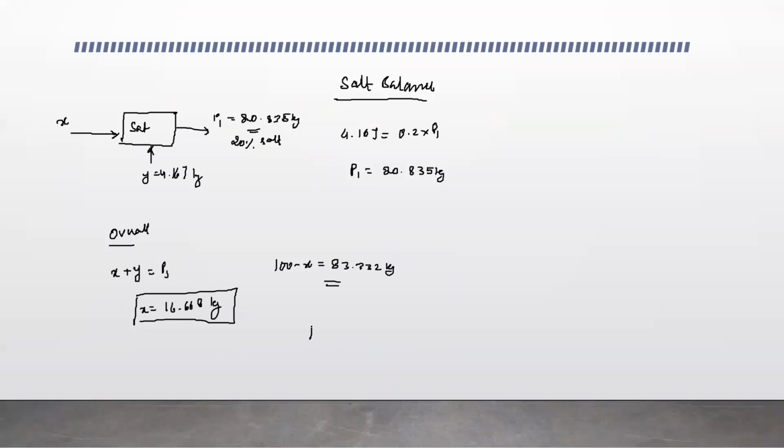Therefore, the fraction of water available is 83.332 by 100, that is 0.8332. So approximately 83% of the water available has to be bypassed in order to get the required concentration. Hope you are clear with bypass related problems. It's quite simple, just a simple material balance.